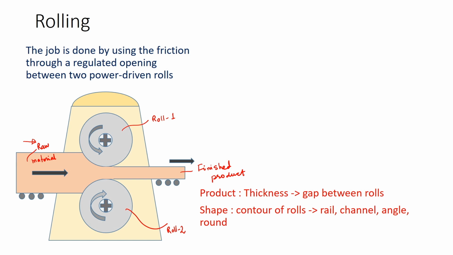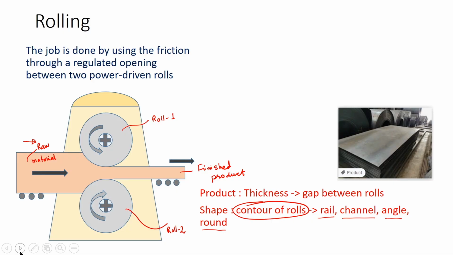Now, this rolling process is not only used to reduce the thickness, it can be used to manufacture various shapes as well, such as the rail shape or various channels, angles and even round bars. To achieve these various shapes, we have to give the required contours to the roll. So, instead of using flat rolls, we can have the contoured roll.